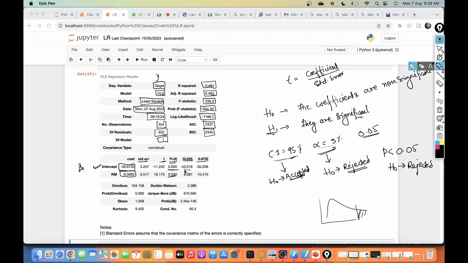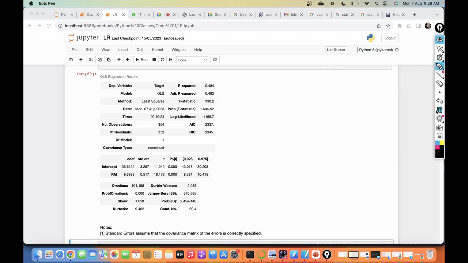And this is the confidence interval of the coefficient values, the range, like 0.025 and, from the right-hand side, 0.975. Under this range the value will lie. Getting my point?